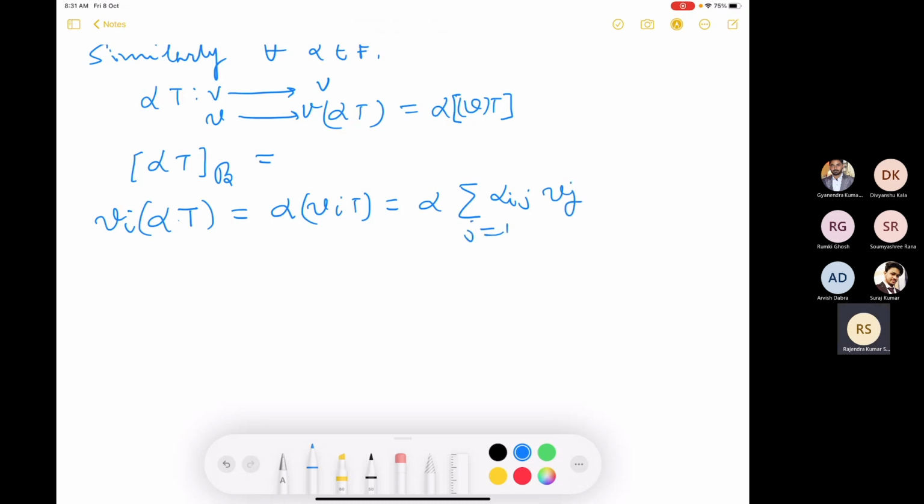j is equal to 1 to n. This is the same as alpha ij Vj, j from 1 to n.